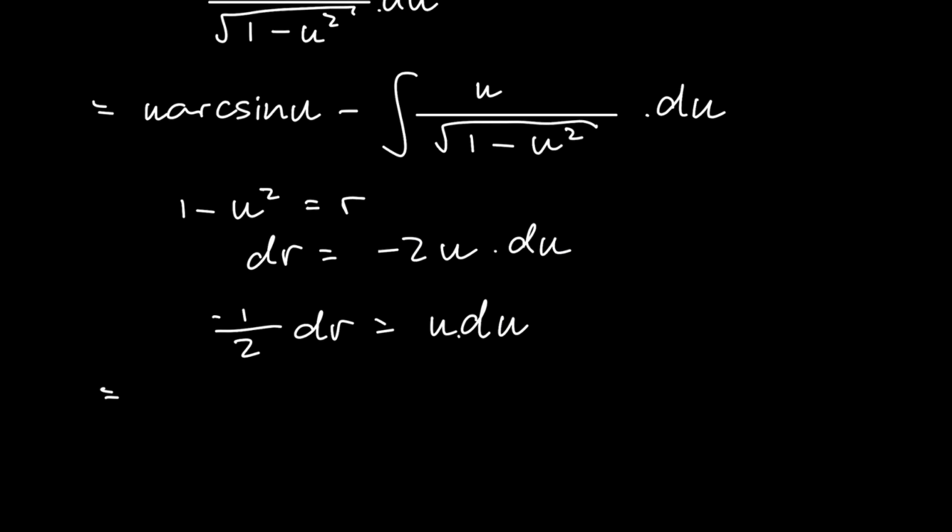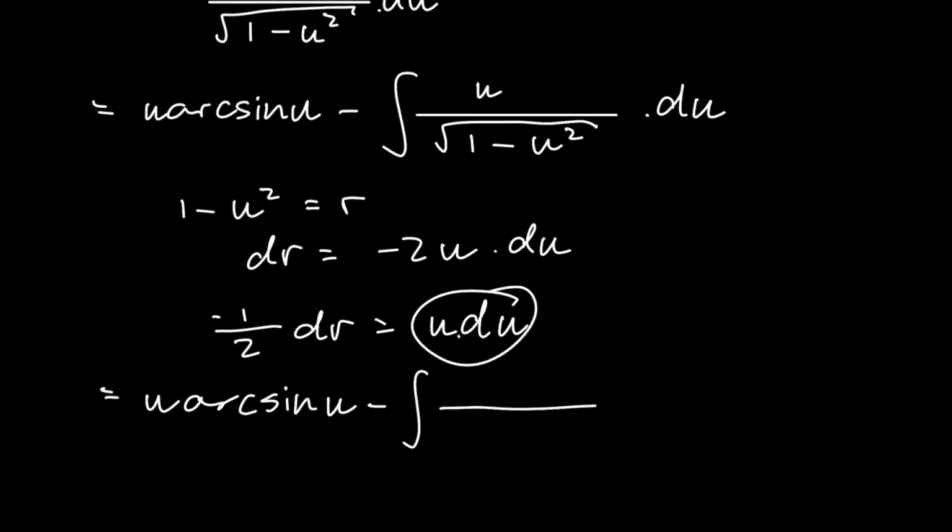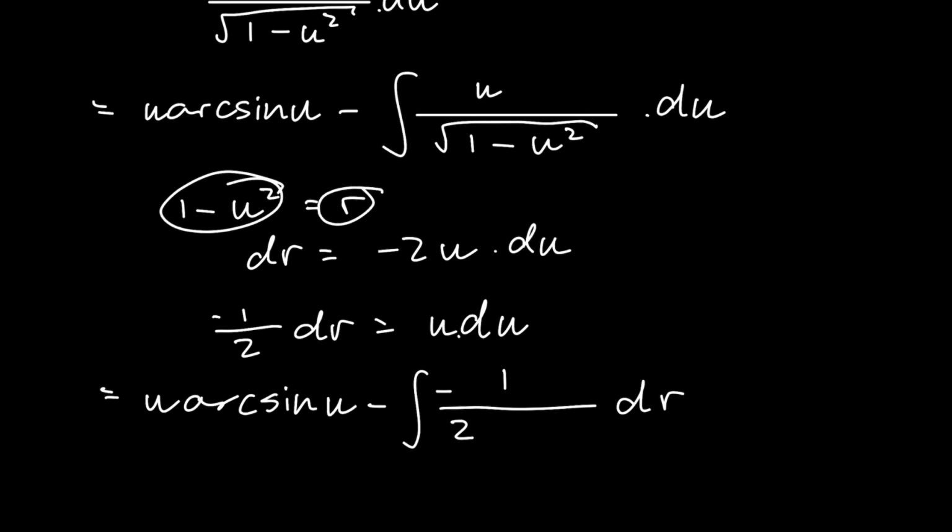So continuing with this integral, we have u arc sine of u minus the integral, and now for u du, we're substituting in negative 1 over 2 dr, and then for 1 minus u squared, we're substituting in r.